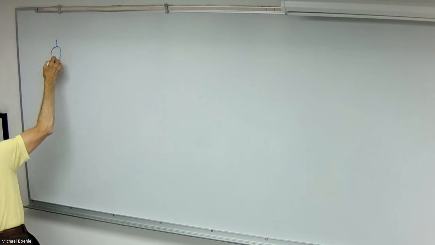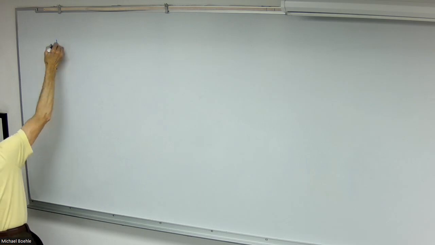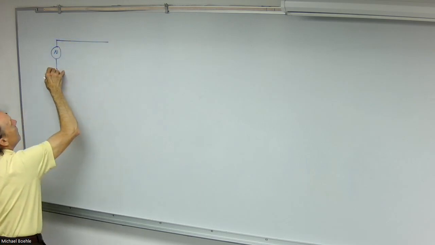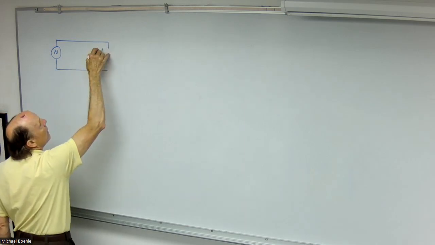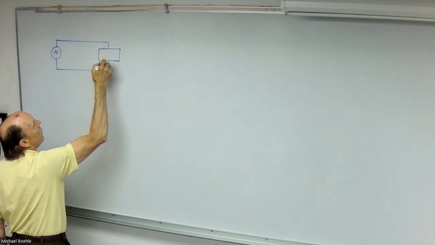I always like to just throw this out there because you now have the ability to understand this. So let's say that I have a power source. I want to deliver power to this load.